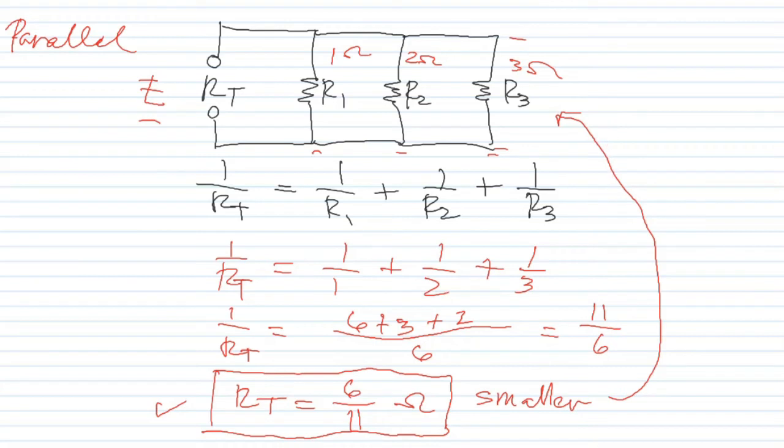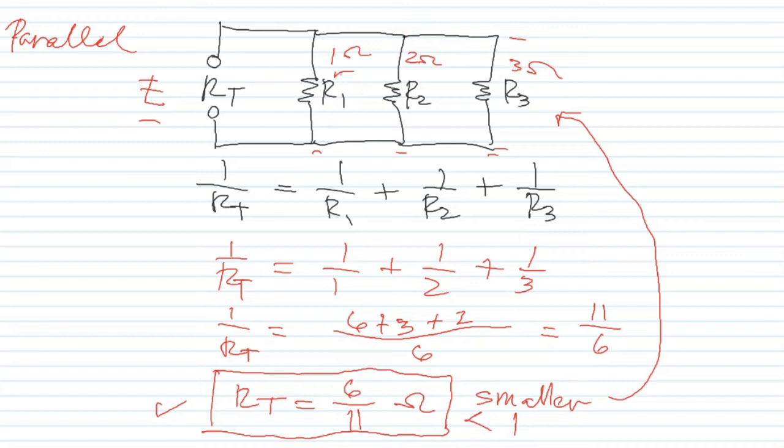So for example, here the smallest value is 1, so this must be less than 1. Okay, so 6 over 11 is less than 1.